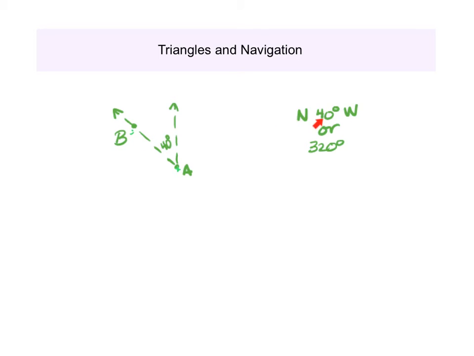That's the acute angle from the north. The other way, when I don't state north or south, is the clockwise measurement from the north. So the second way would be like this. So 360 minus 40, or 320.